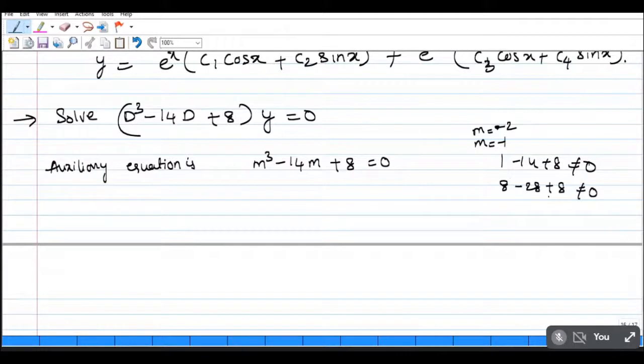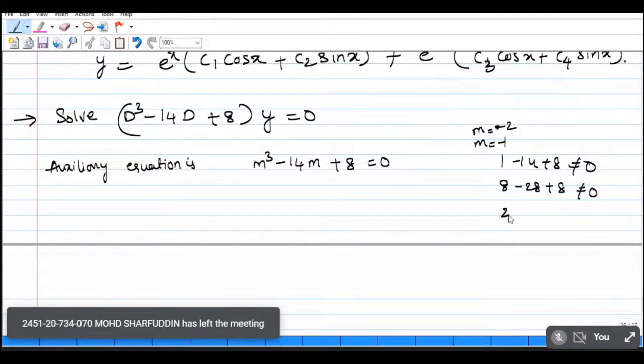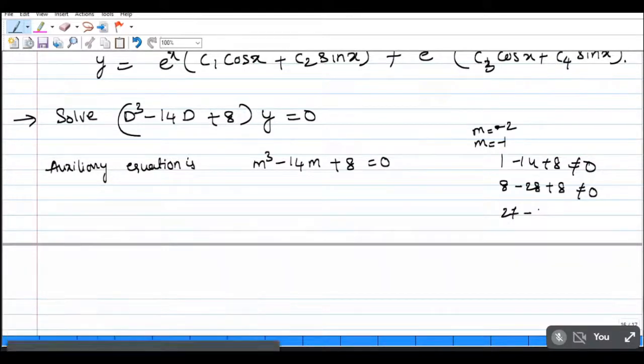Find out one root. m equal to 3? No, no. 4.